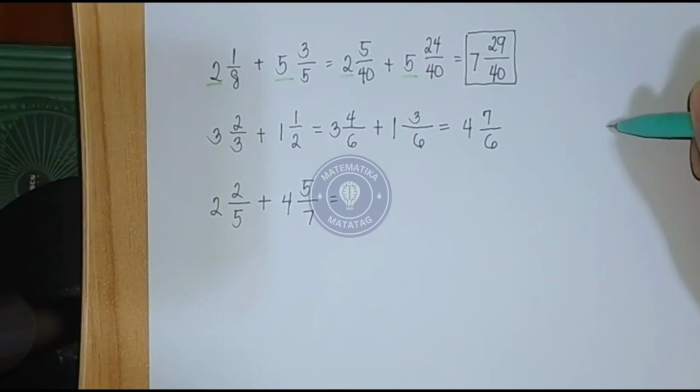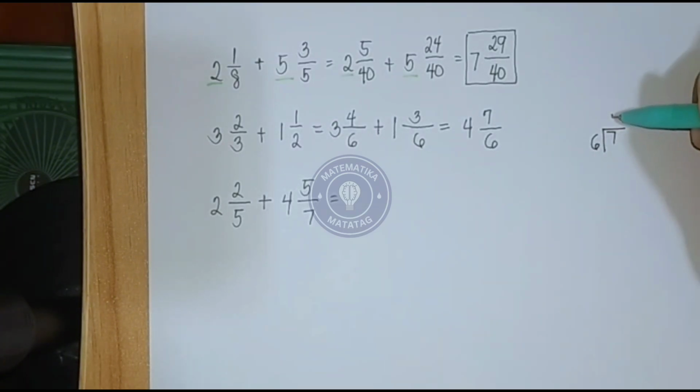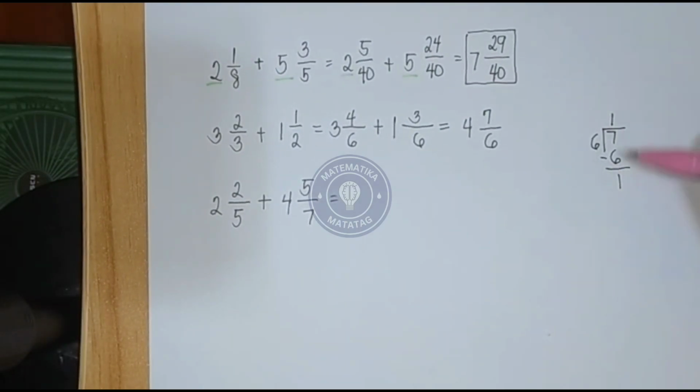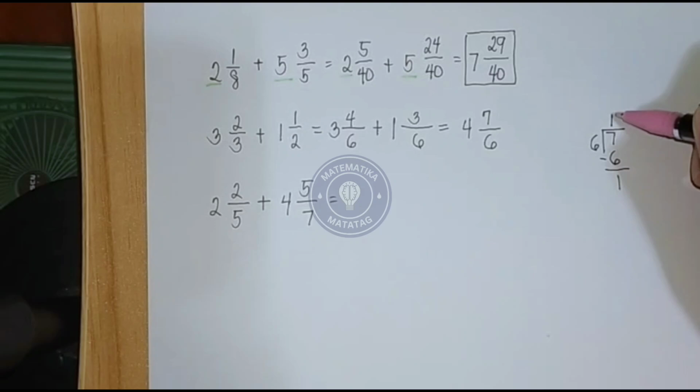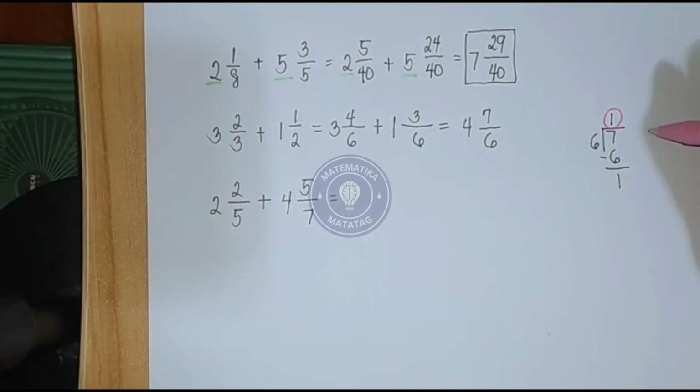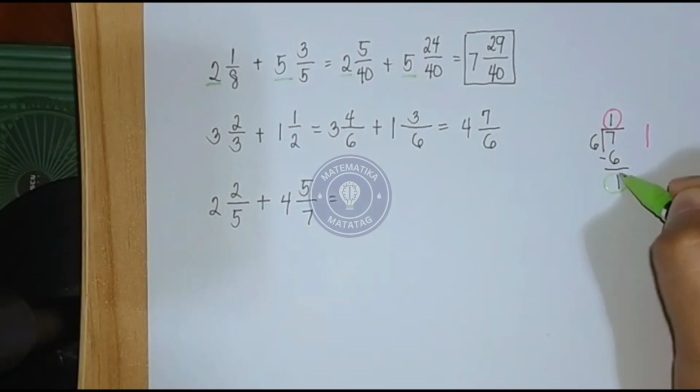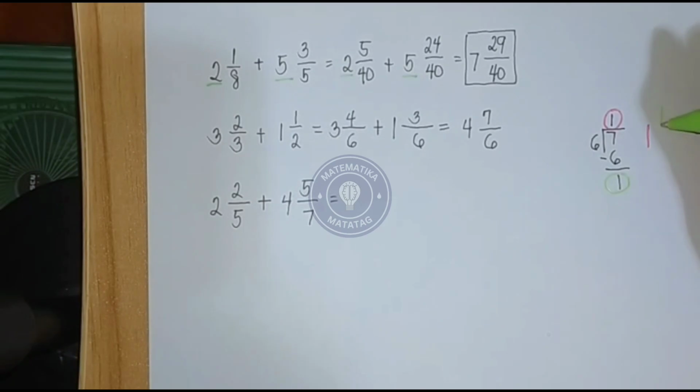So we have here 7 divided by 6. 7 divided by 6 is equal to 1. 1 times 6 is equal to 6. Then subtract. 7 minus 6 is equal to 1. Let's rewrite our quotient into a fraction. So this one will be your whole number, 1, and then your remainder will be your numerator, 1.